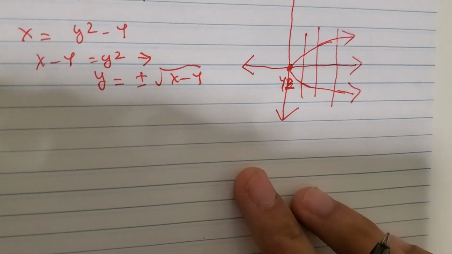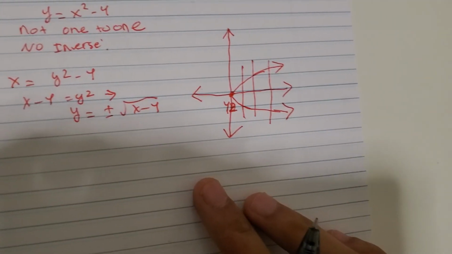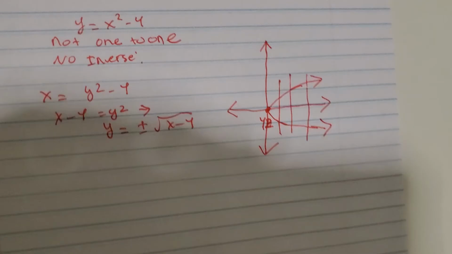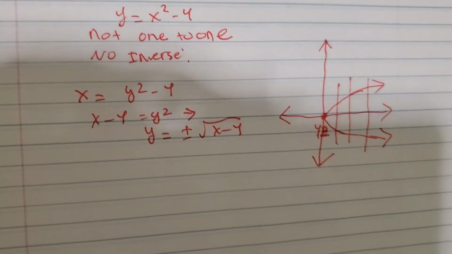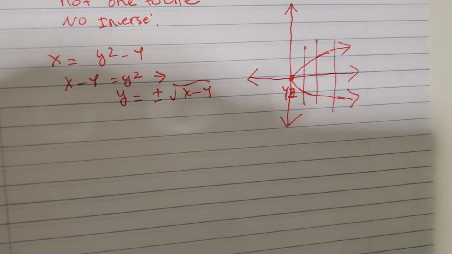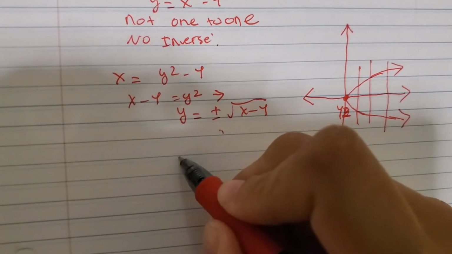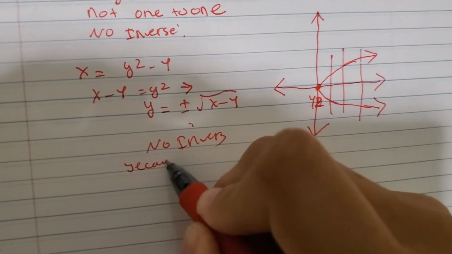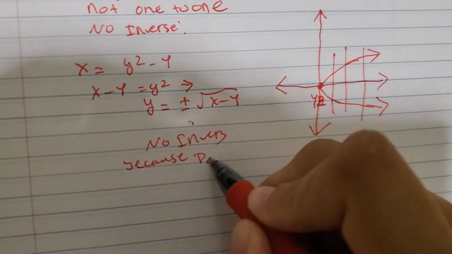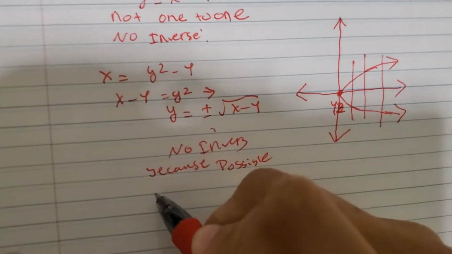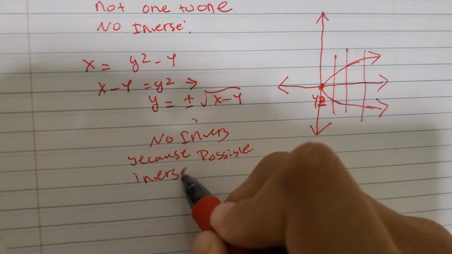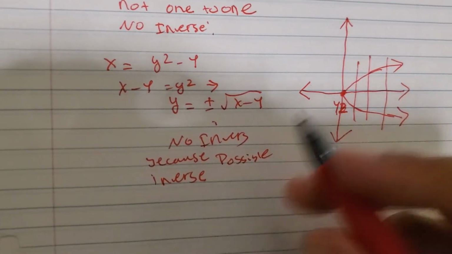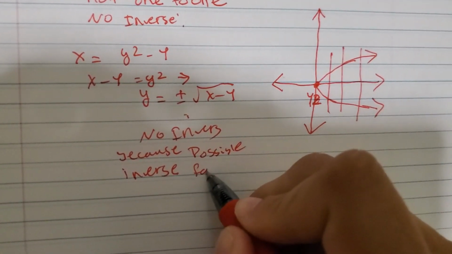There's no inverse at all, because the possible inverse fails.